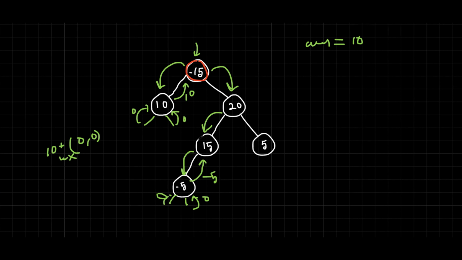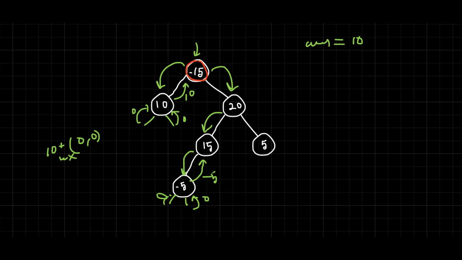Now, what will this node 15 return? For the node 15, we have three conditions. Either I can take its left or right subtree, or I can take its left and right subtree, or I cannot take any of its left and right subtree.